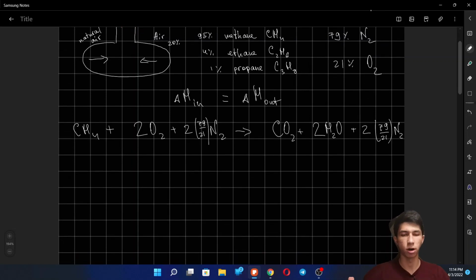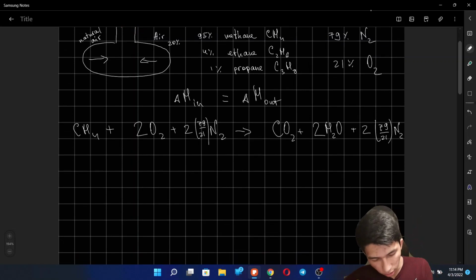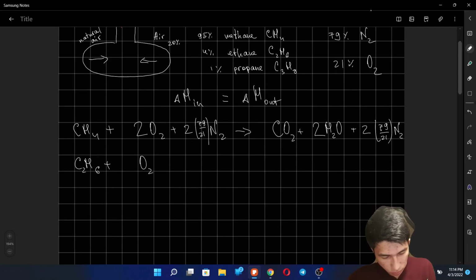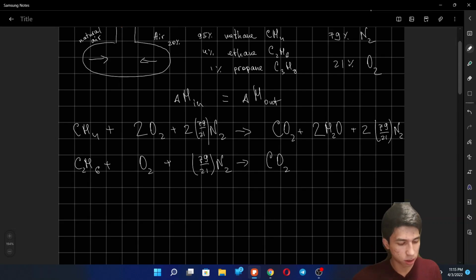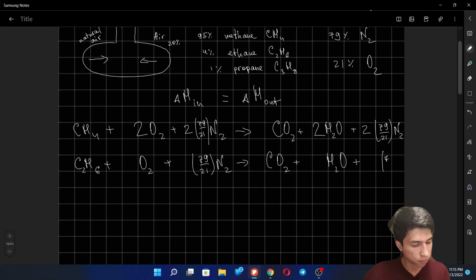So this is our first reaction, and in our second reaction the ethane reacts with oxygen, and we still have the ratio of nitrogen to oxygen, and the products are the same: carbon dioxide, water, and nitrogen.